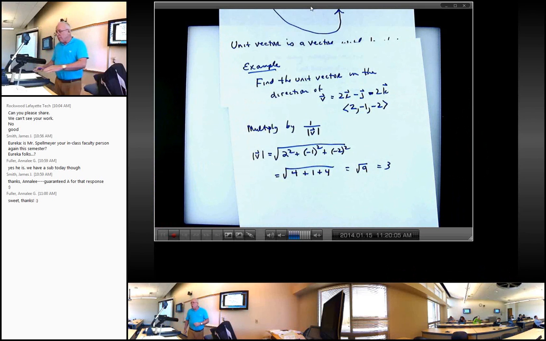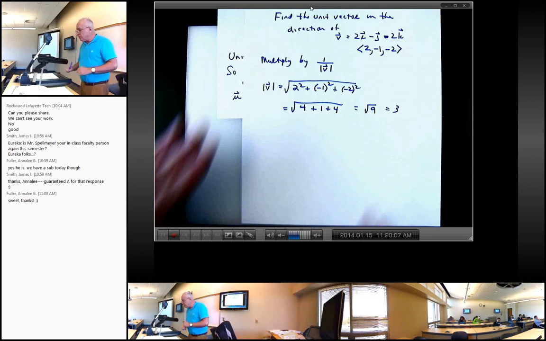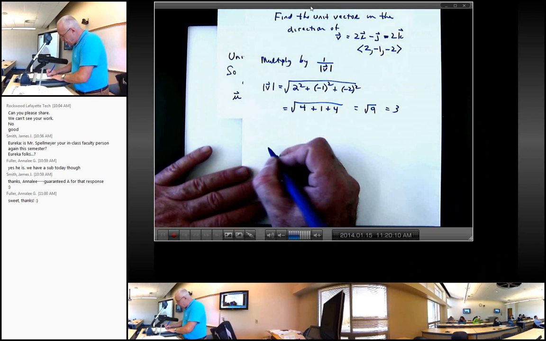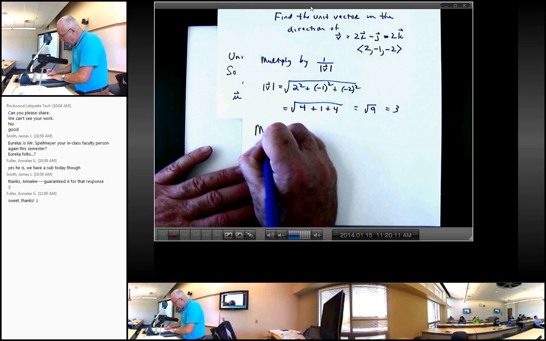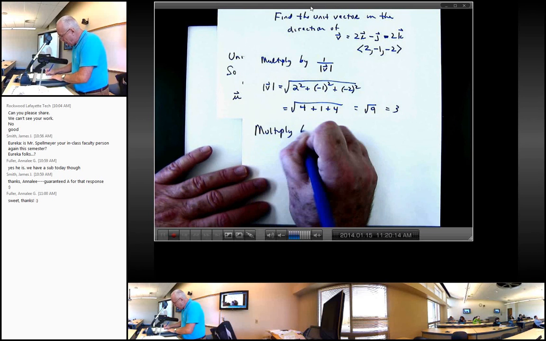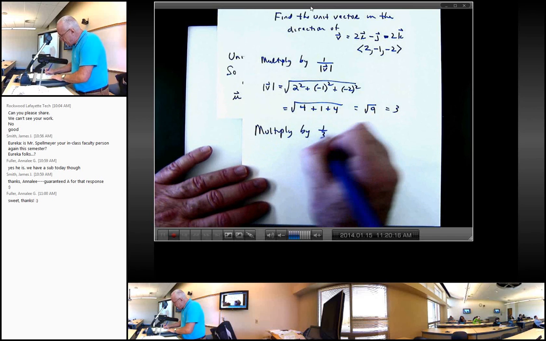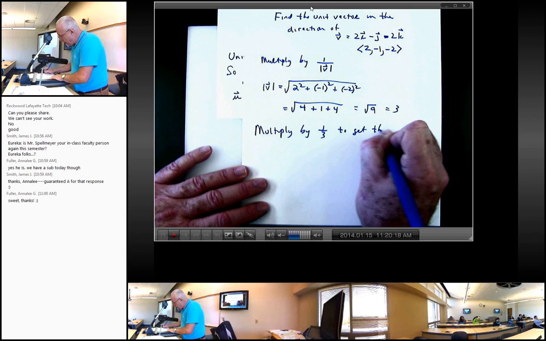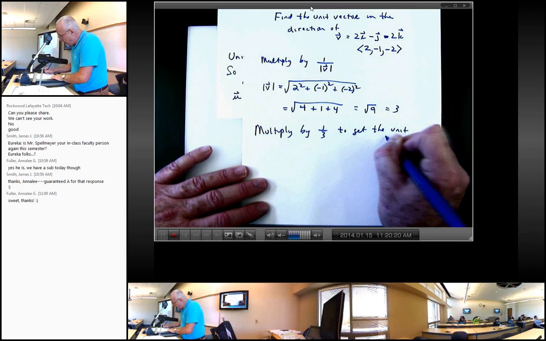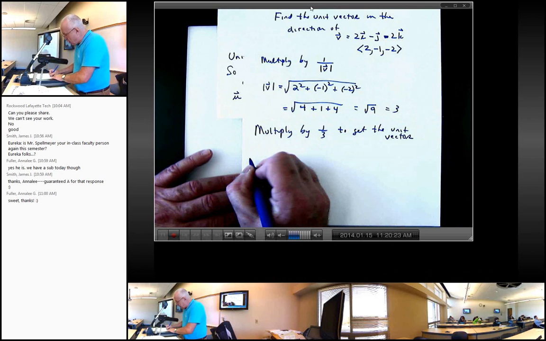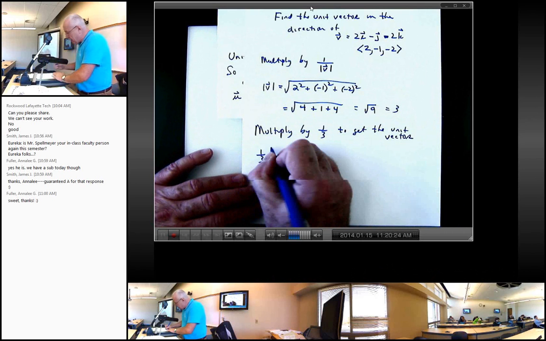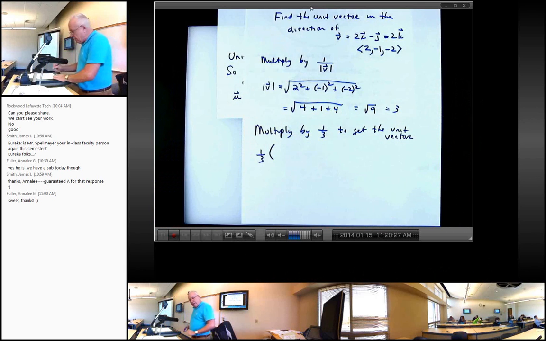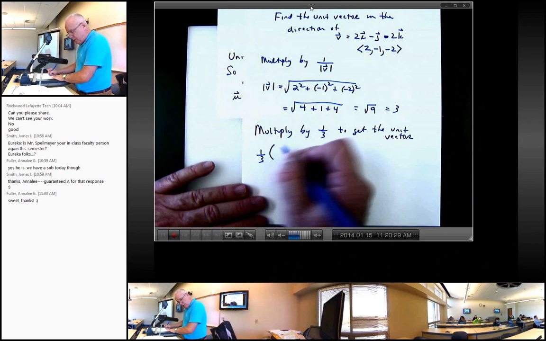So if I multiply this vector then by 1/3, to get the unit vector. Okay, so 1/3, and I could write it 2 different ways. Actually 3 different ways.